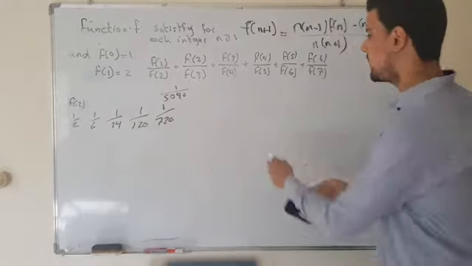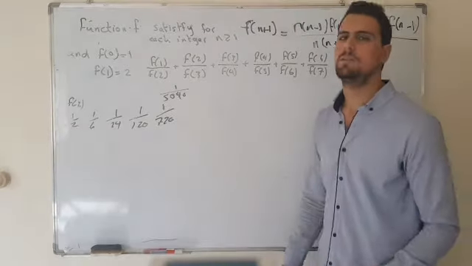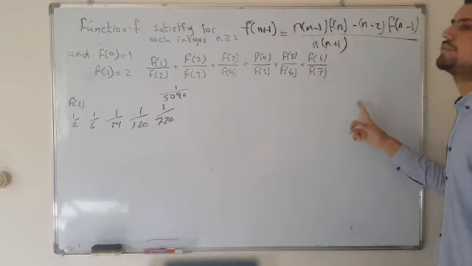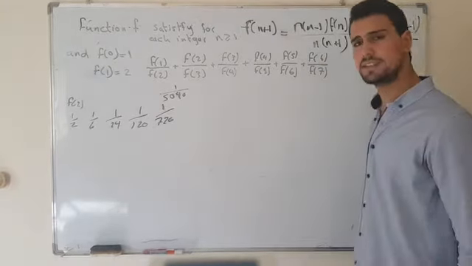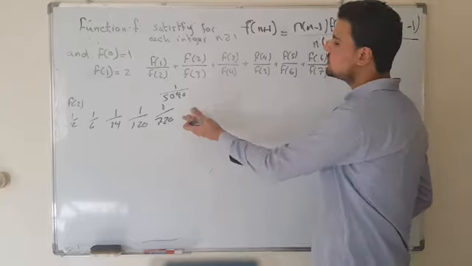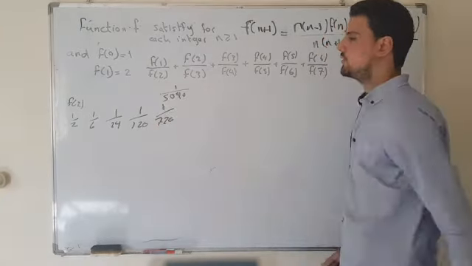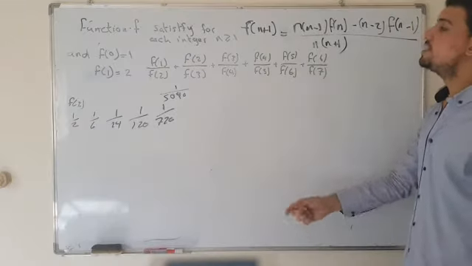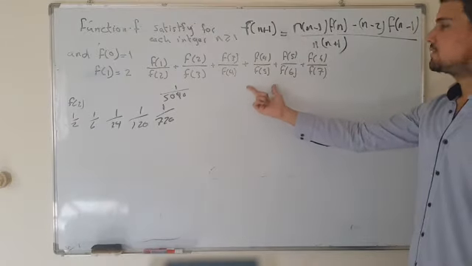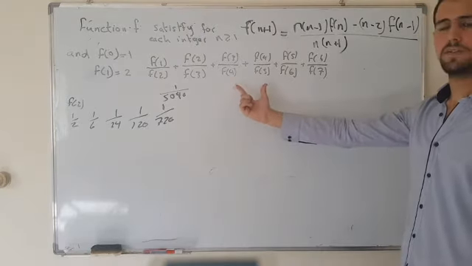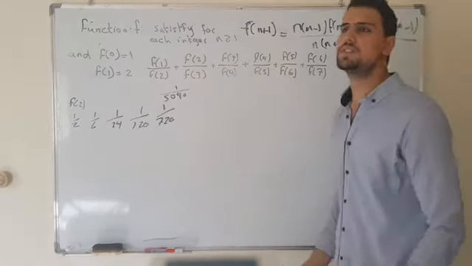How can you know it step by step? You can't do that. It's a waste of time. You need to suspect if they're asking you for f1000, right? But in this case, you can simply compute 1 over 720 and 1 over 5040. Now, what they want in the first place is very easy to compute.